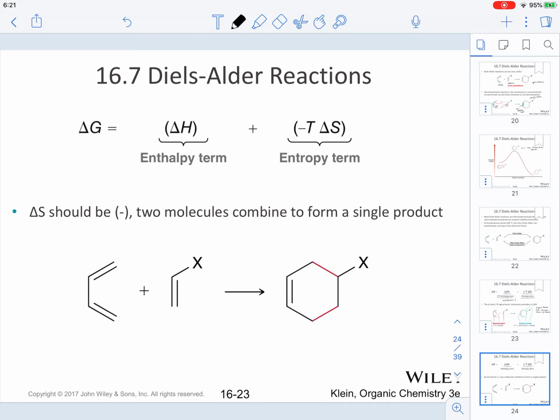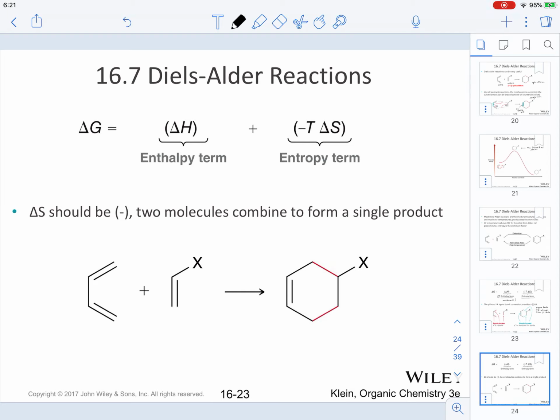First, the 2 molecules that are going to be joining together. As I mentioned, they're going to form a single product, okay? And then the second one is that the ring is going to be formed. Now, understand that in this process, each of those 2 factors are going to be decreasing entropy.